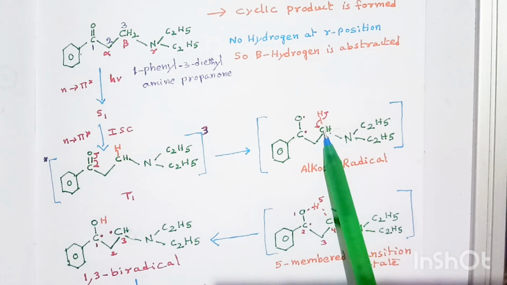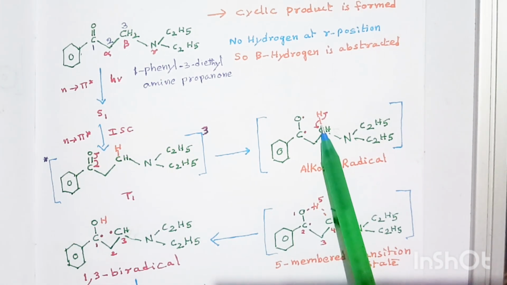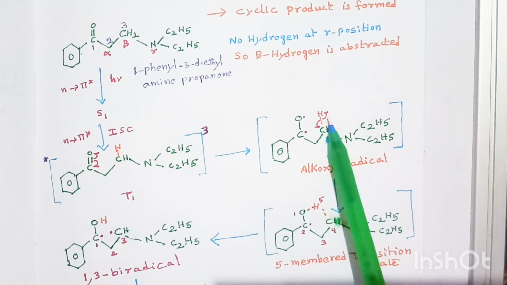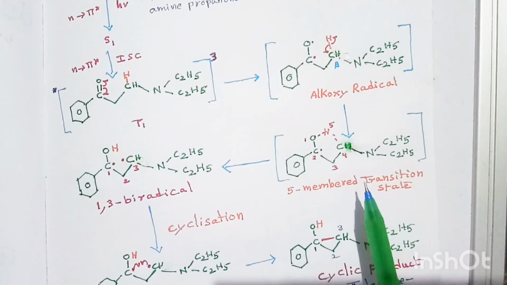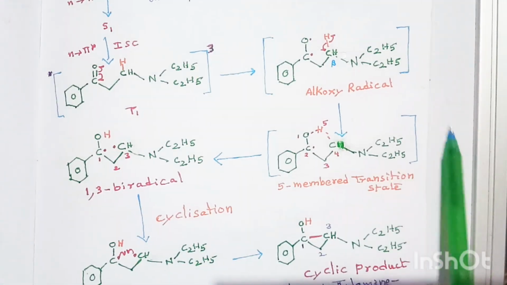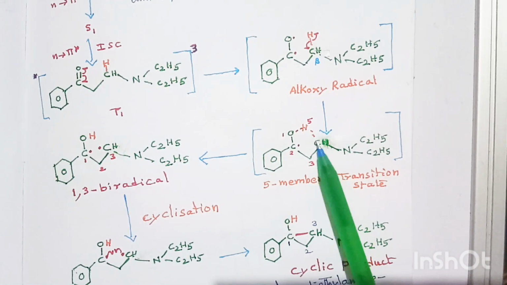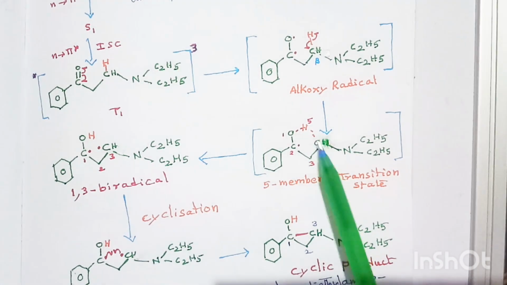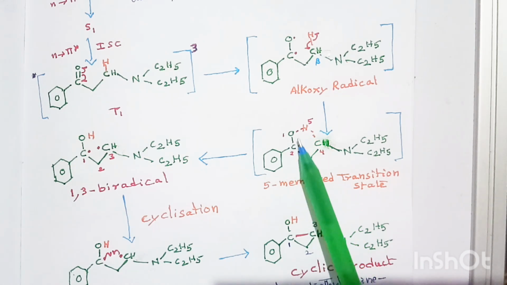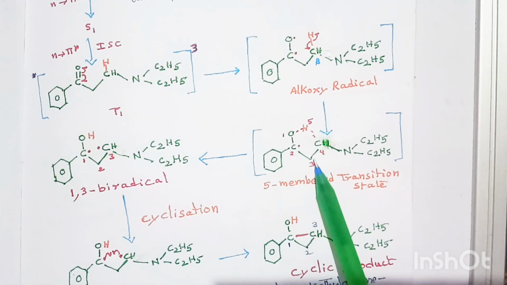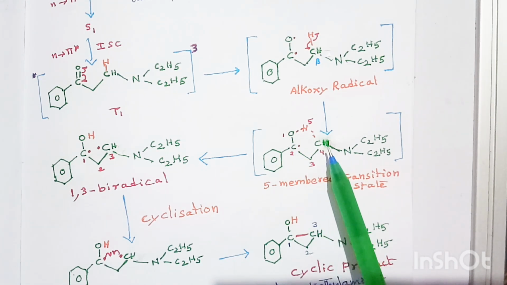Meanwhile, the bond between beta carbon and beta hydrogen starts cleaving. As a result, the beta hydrogen is partially attached to beta carbon and partially attached to the oxygen atom of the carbonyl compound.